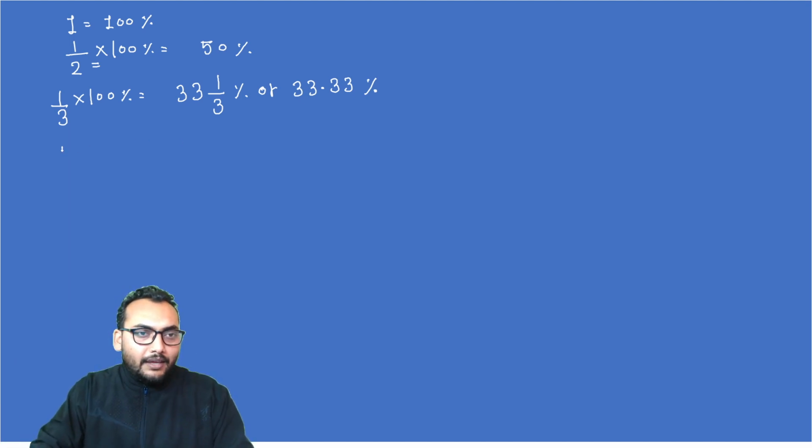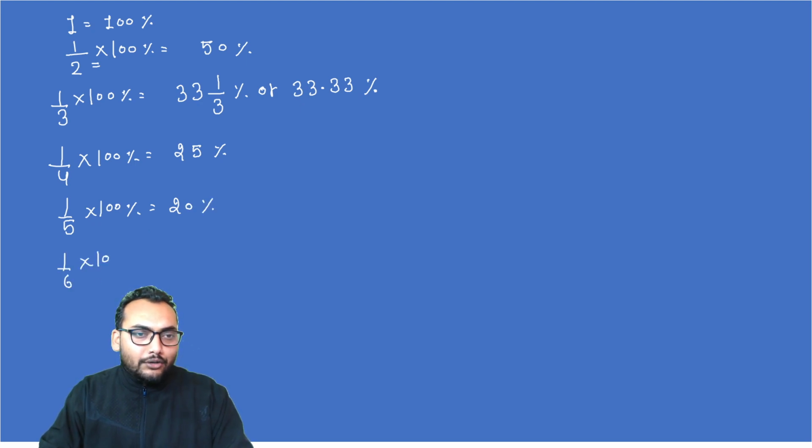In the same way, 1 by 4 multiplied by 100, what you will get is 25%, right? And 1 by 5, multiplied by 100, you will get 20%. Okay, 1 by 6, when you multiply by 100, we can divide 2 by 2 and 50 by 2.